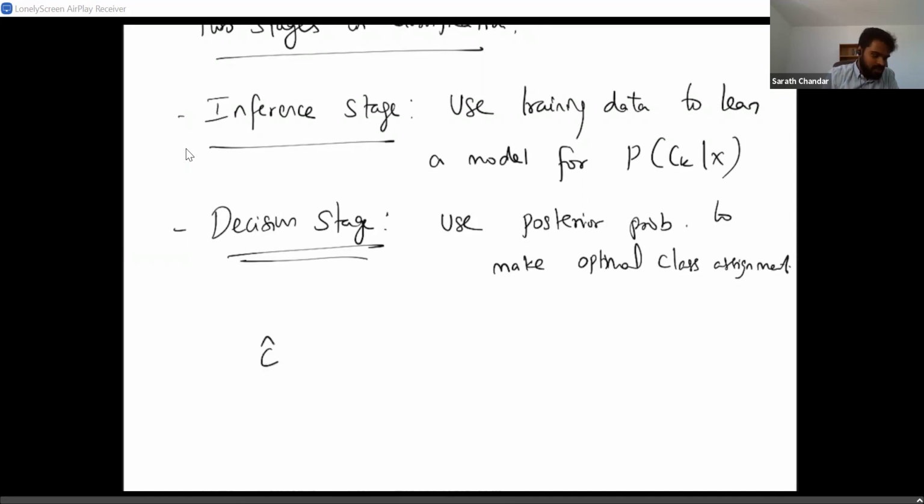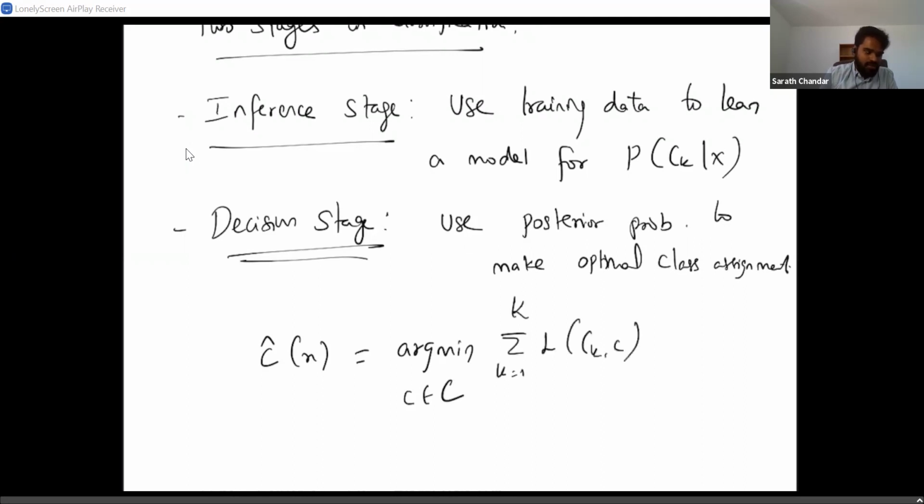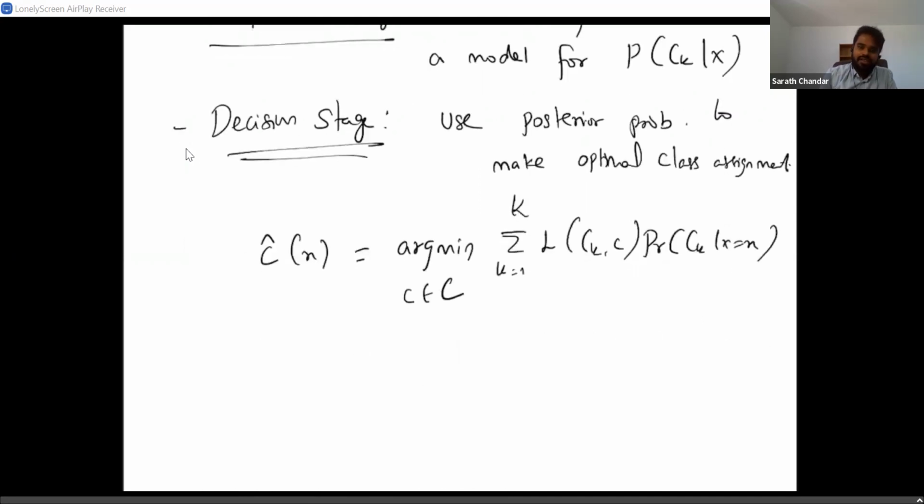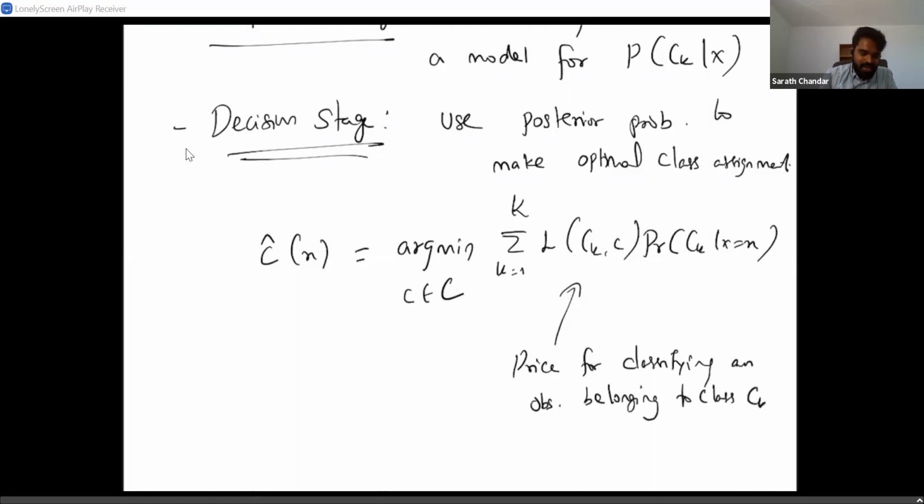So C hat of X is given by arg min over all possible classes, summation over k is equal to 1 to K, loss times probability of CK given X is equal to x, right? We have already seen this a couple of lectures back. So this loss is basically the price for classifying an observation belonging to class CK to class C, right?